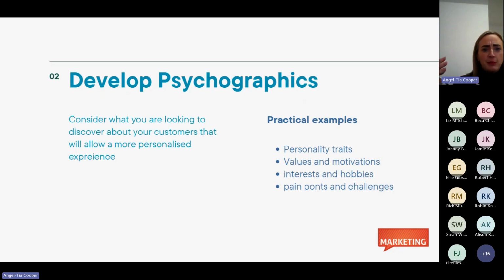So if we understand the importance for our clients and what they need to do to attract those people, surely that is also something that you need to now put into your day-to-day. The more we can understand about our customers, what their values and motivations are, what their interests and hobbies are, and personality traits that they may display, that again will help us when we're crafting personalized materials to send out to them.